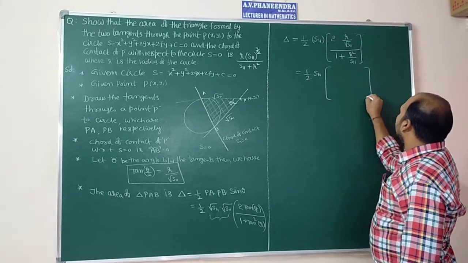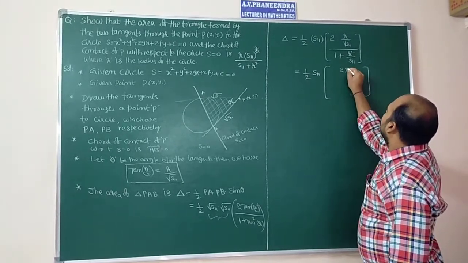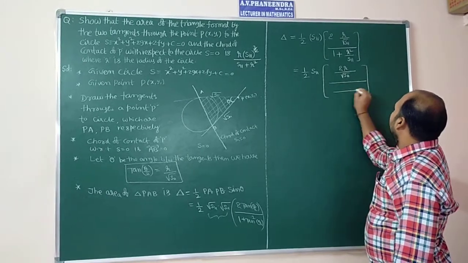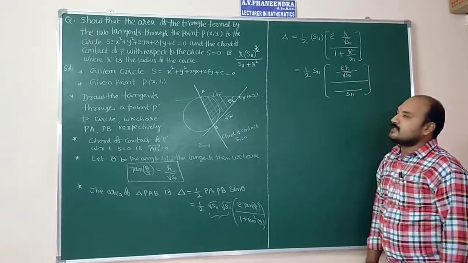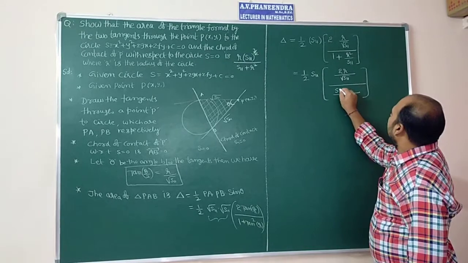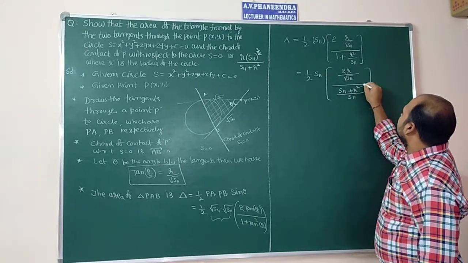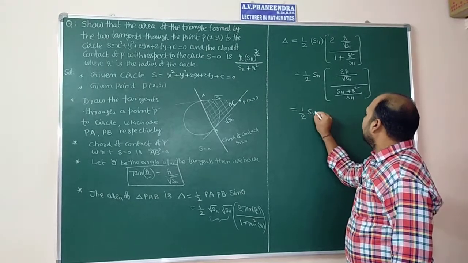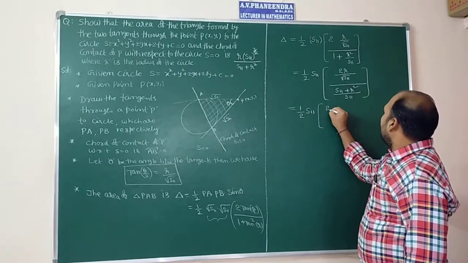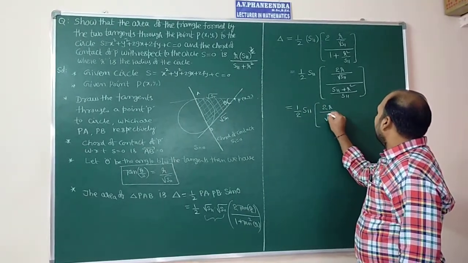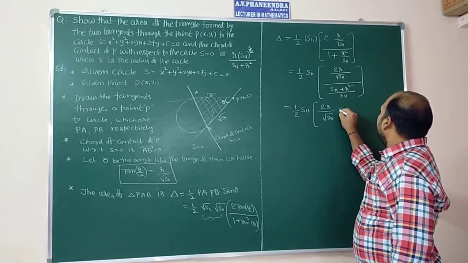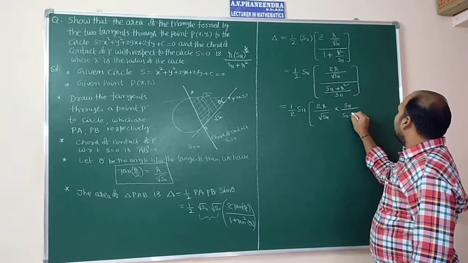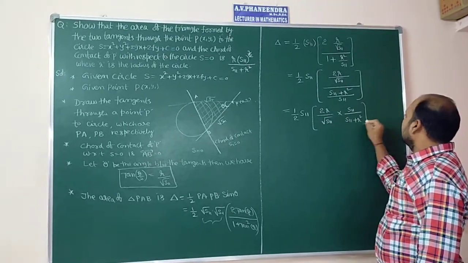We have to simplify: 2r divided by √S11, whole divided by S11, is the LCM, S11 + r², which is equal to half into S11 into 2r divided by √S11 into S11 divided by (S11 + r²).